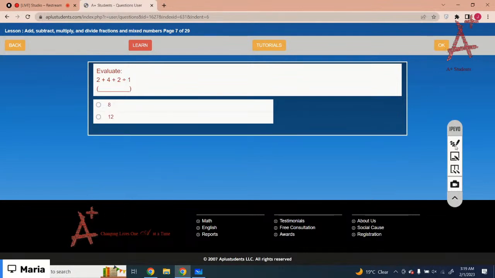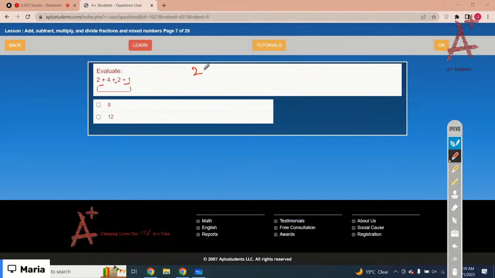Okay, the next one, you have addition and division. Just do the division first. Got it? So 2 plus 4 plus 2 divided by 1. Any number divided by 1 equals the same number. It would be 2.